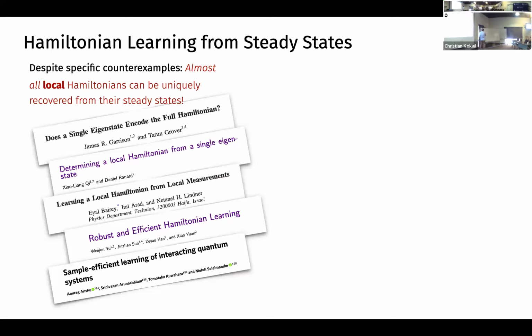If you take some highly excited eigenstate, psi k, and you trace out a subsystem, and you look at the reduced density matrix rho A of the subsystem, the eigenstate thermalization hypothesis tells us that this is 1 over Z e to the minus beta H_A, where H_A is the system Hamiltonian projected on the subsystem. And voila, there is your Hamiltonian. So a single eigenstate somehow contains the information about the Hamiltonian it comes from.